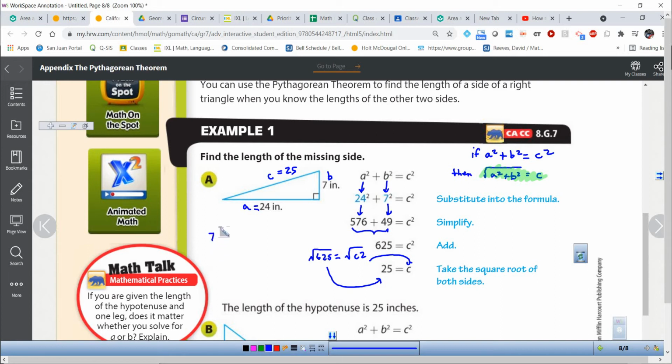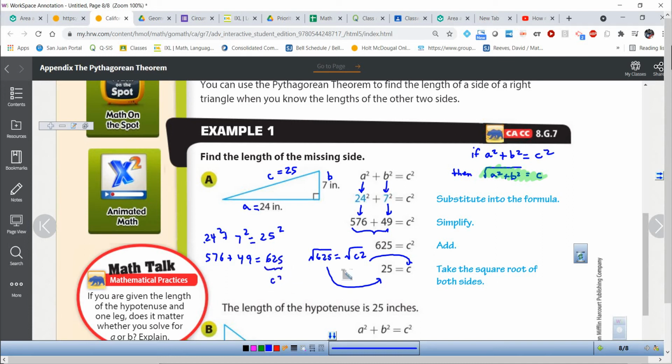All right, so 7 squared plus 24 squared is equal to 25 squared. A squared, whoops, I guess we did it the other way, huh? Let me do it the way they did it just to be consistent. 24 squared plus 7 squared is equal to 25 squared, right? 576 plus 49 equals 625, but we weren't looking for c squared, right?